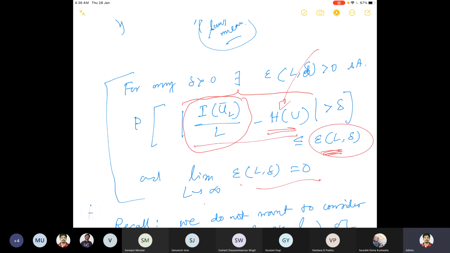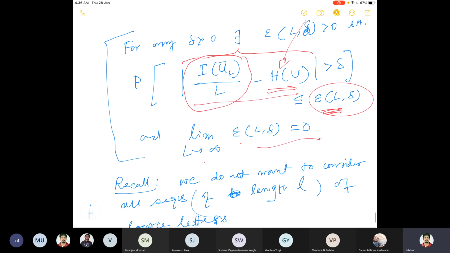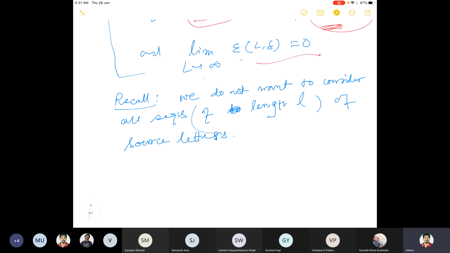We'll only consider this, and from that we'll try to say that the probability of error will be very, very small. And from that set of sequences, if L is large, we can have probability less than this. And for each source letter, we can have approximately the entropy of the random variable as the number of source alphabets for each source letter, and the probability of error almost goes to 0. So that is very, very close to 0.